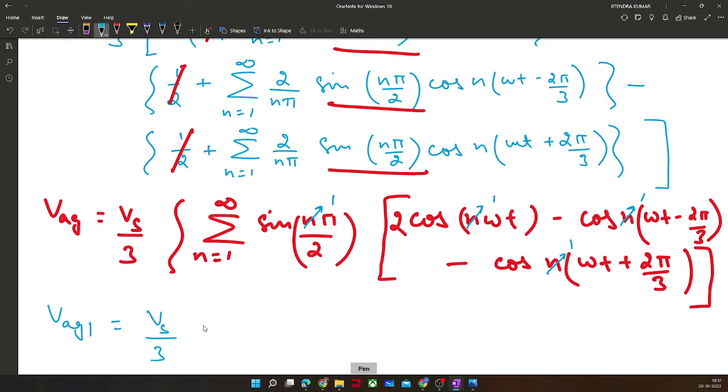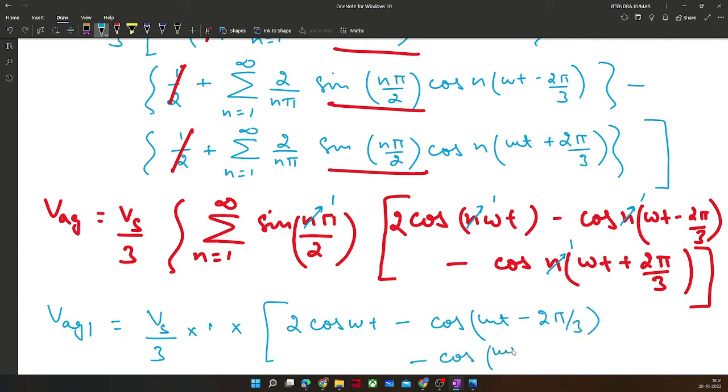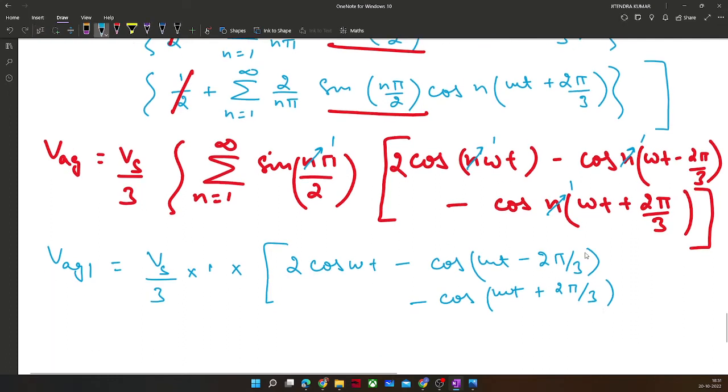So I can write it like that: 2 cos omega t minus cos of omega t minus 2 pi by 3 minus cos of omega t plus 2 pi by 3. This is your fundamental component. You just need to compute this trigonometric identity and you are good to go.